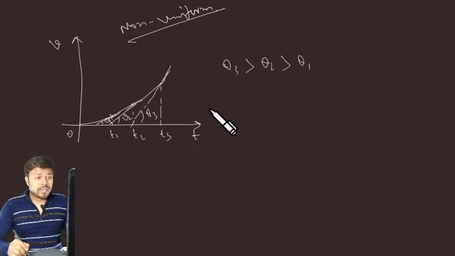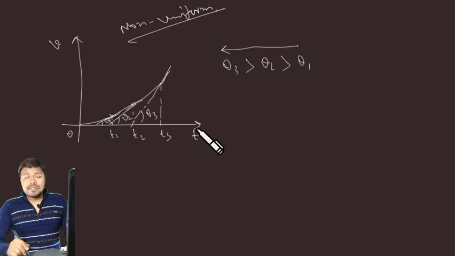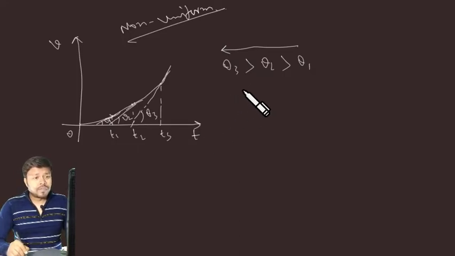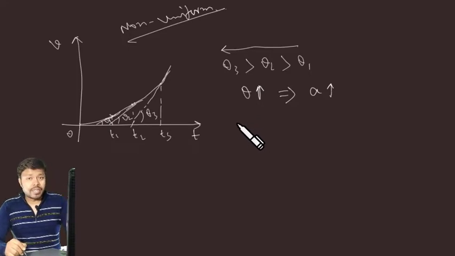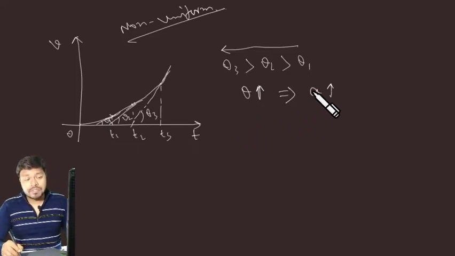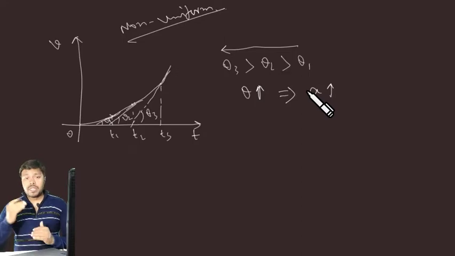It means that the angle is increasing, which means we can conclude that the acceleration of the body is not constant, and it is also increasing, because when theta increases, tan theta also increases, meaning the acceleration of the body is increasing.